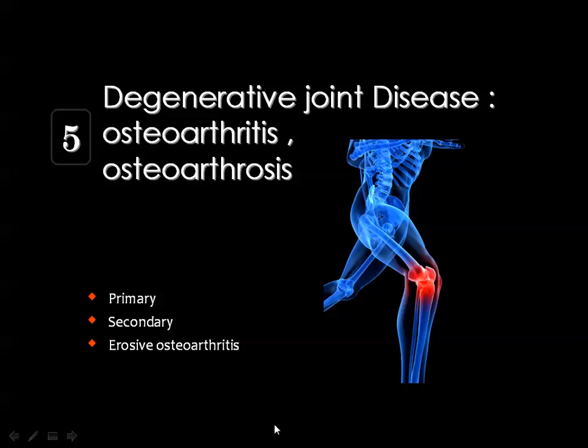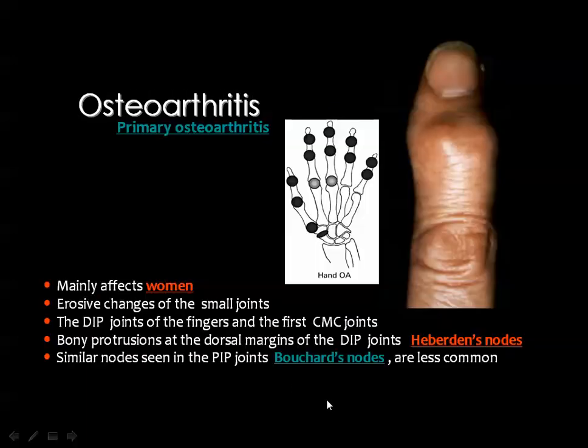Now, osteoarthritis is a well-known disease, and we have two main types, the primary type and the secondary type. And there is also a type known as erosive osteoarthritis, which is almost confined to the small joints of the hand, and may be seen only in females in particular.